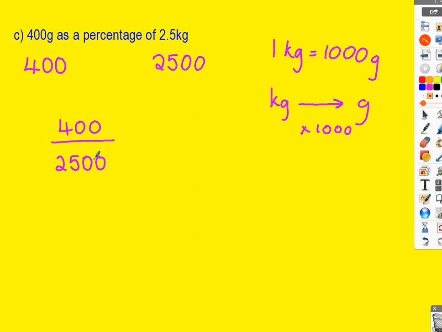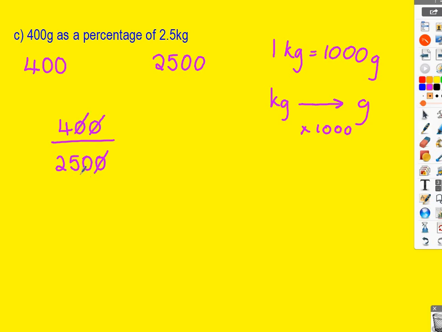I think I'm going to simplify it straight away, dividing numerator and denominator by 10. So I cancel a 0 off the numerator and denominator, so I've now got 40 over 250. Could have actually, looking at it now, divided numerator and denominator by 100 would make more sense.